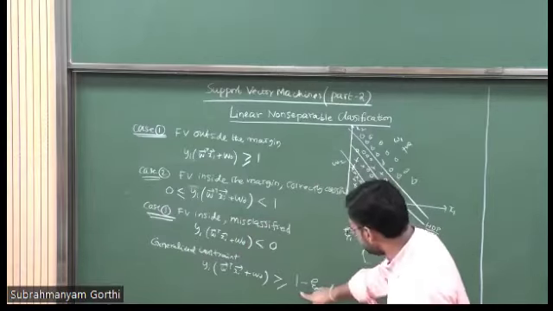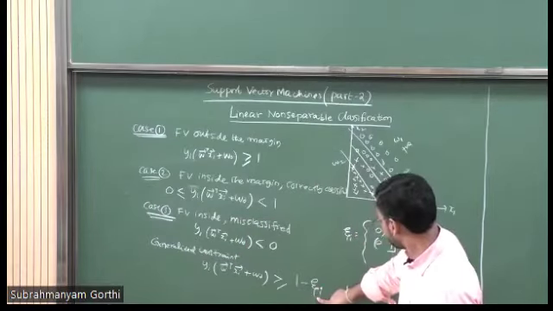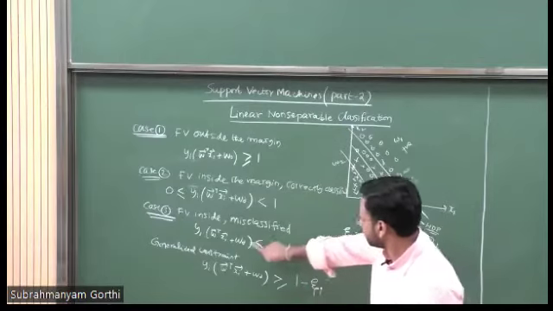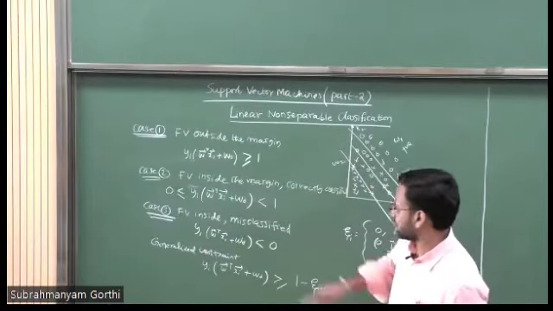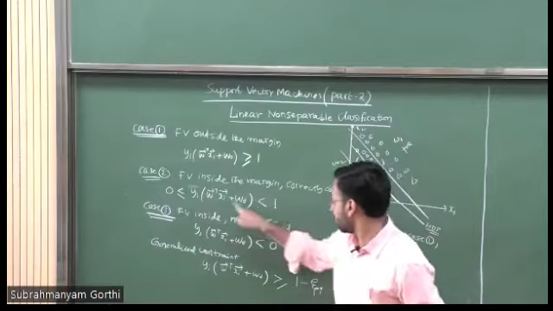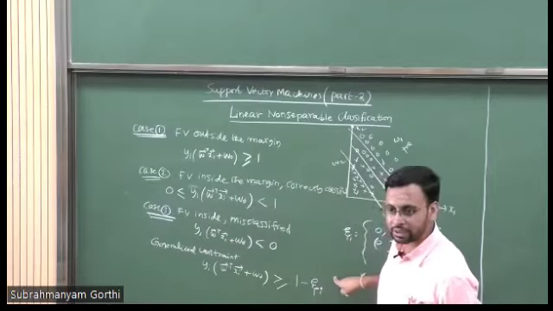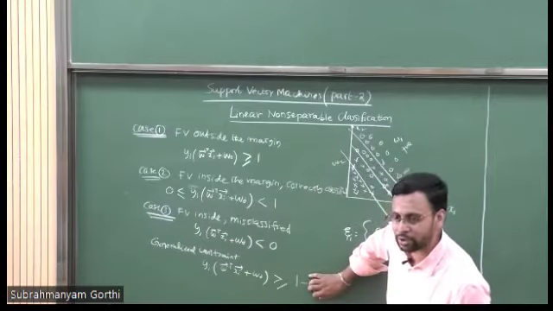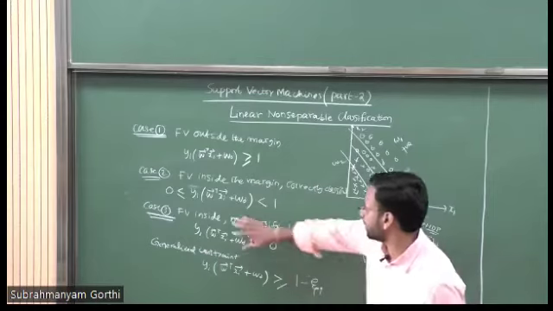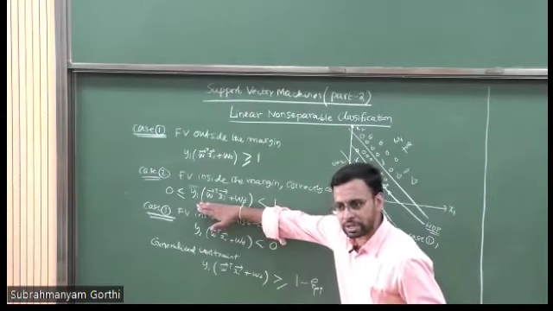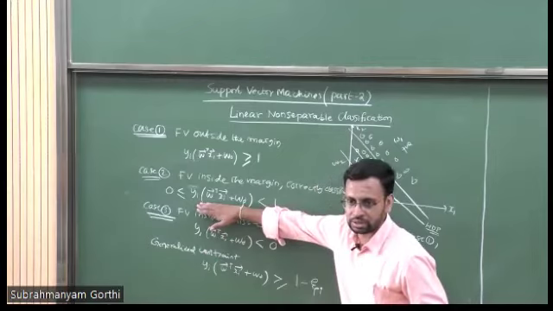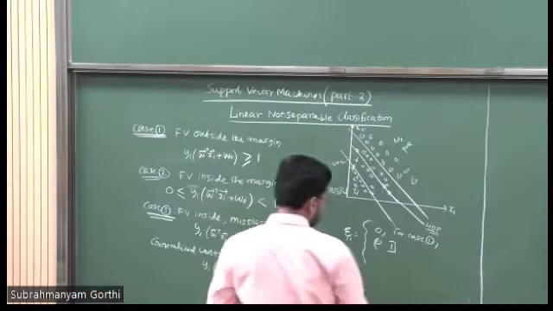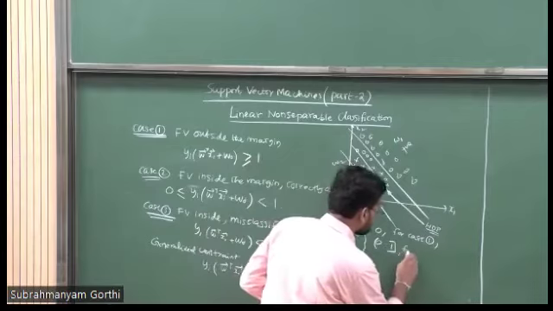So when it is in between 0 and 1, then this condition is satisfied. The case 2 condition, this will be 1 minus something, as long as the value you are subtracting is in between 0 to 1, this value will also be in between 0 to 1. This is for case 2.